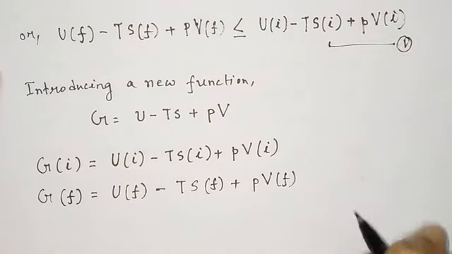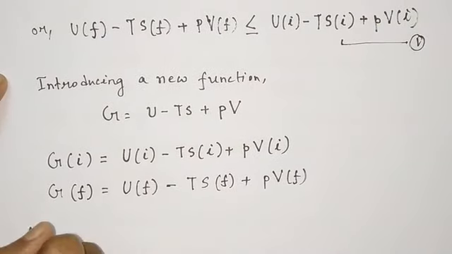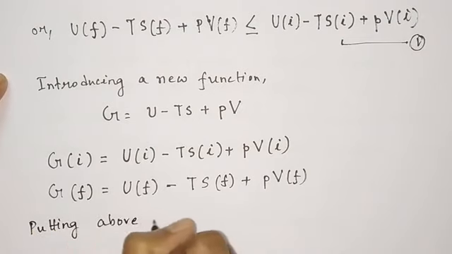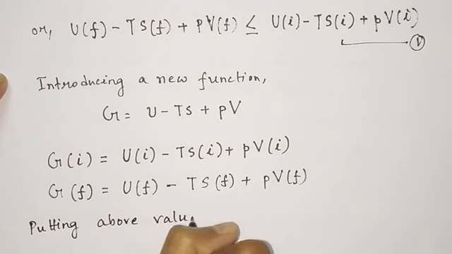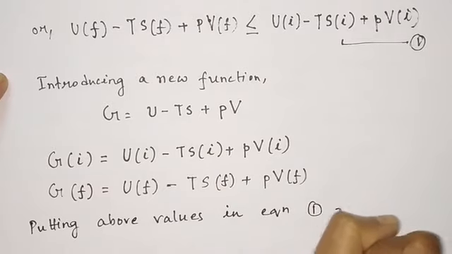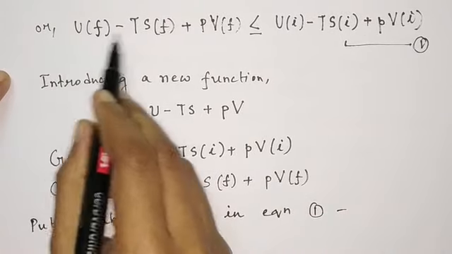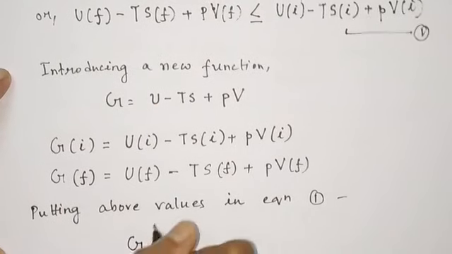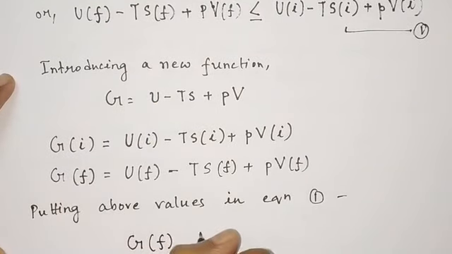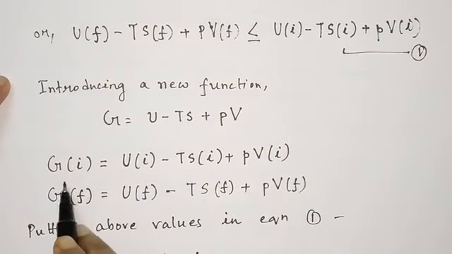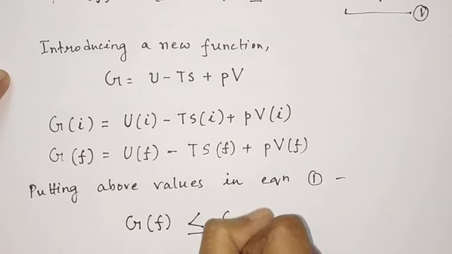Suppose this is our equation 1. From equation 1 we get, Uf minus TSf plus PVf is Gf. So on the left hand side we have Gf, which is less than or equal to, on the right hand side you see this is Gi.